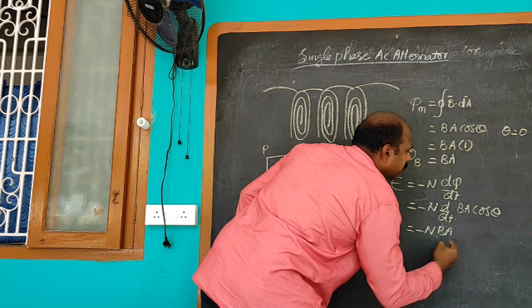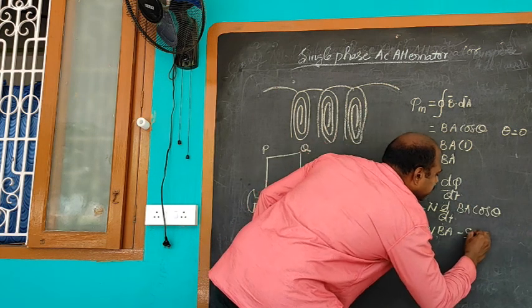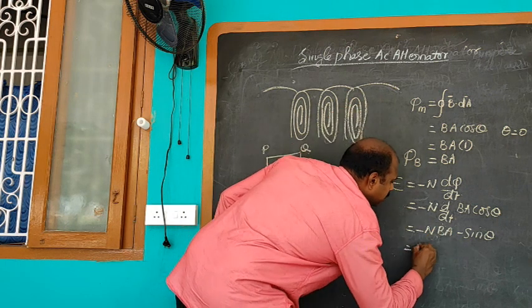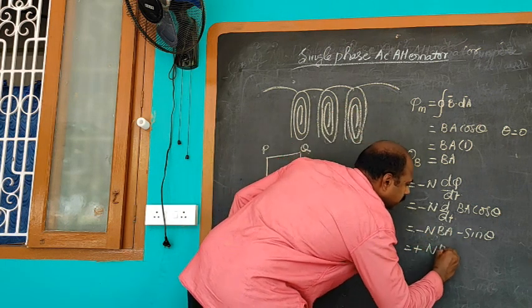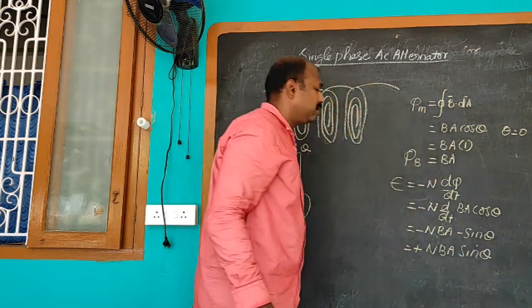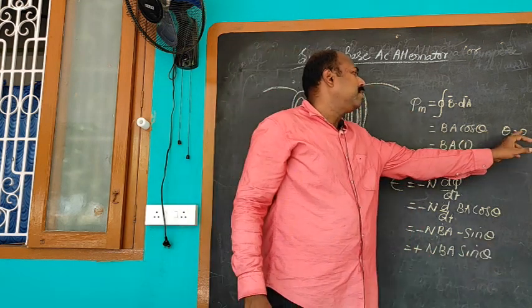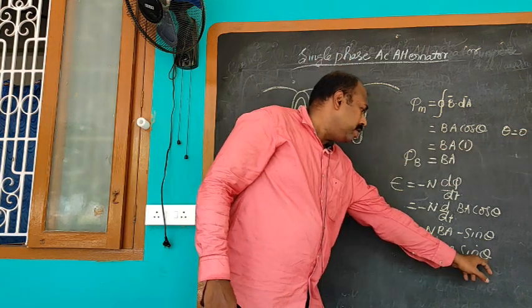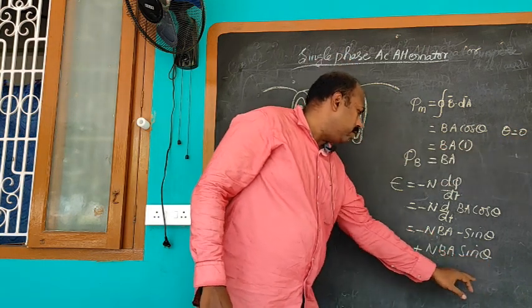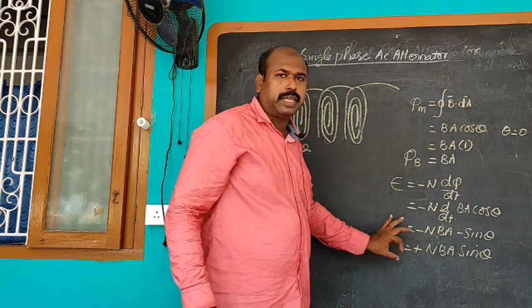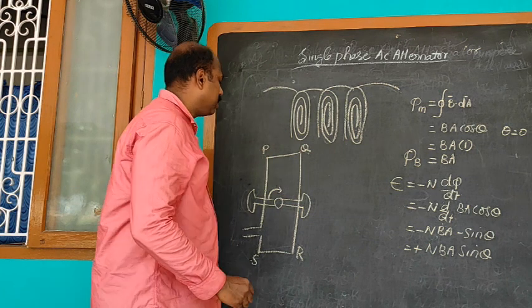The differentiation of cos theta is minus sin theta, so minus into minus gives plus N B A sin theta. Initially theta is equal to 0. Substituting 0, sin 0 is equal to 0, so the EMF induced in the circuit will be 0.